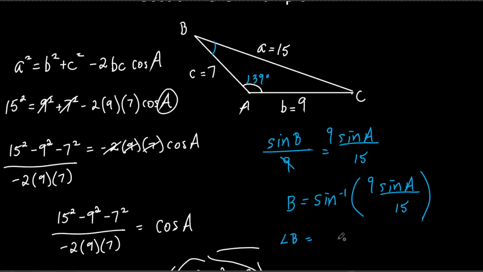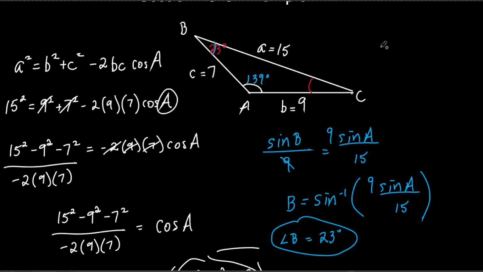So angle B, if you put it in, is approximately 23 degrees. It says to round it to the nearest degree, so that's why we keep it 23 degrees. We don't make it a decimal. So that wasn't too bad at all. Angle C should be pretty easy now. So angle B was 23 degrees. I know this is 139.